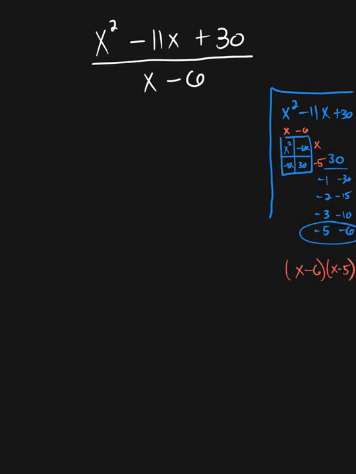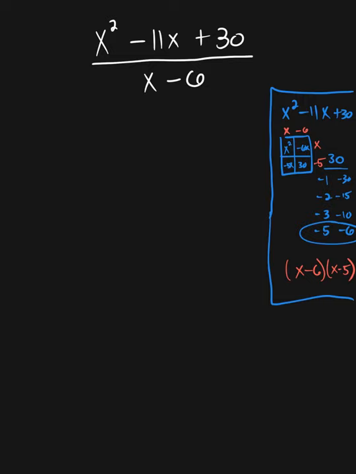Okay, it's a little bit tricky, and this is just prep work for what we're about to do. So I know that my expression x squared minus 11x plus 30 reduces, if I factor it, to x minus 6 times x minus 5.